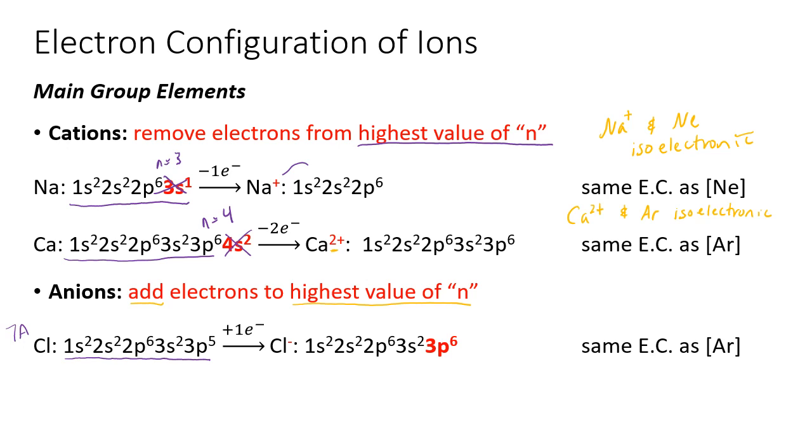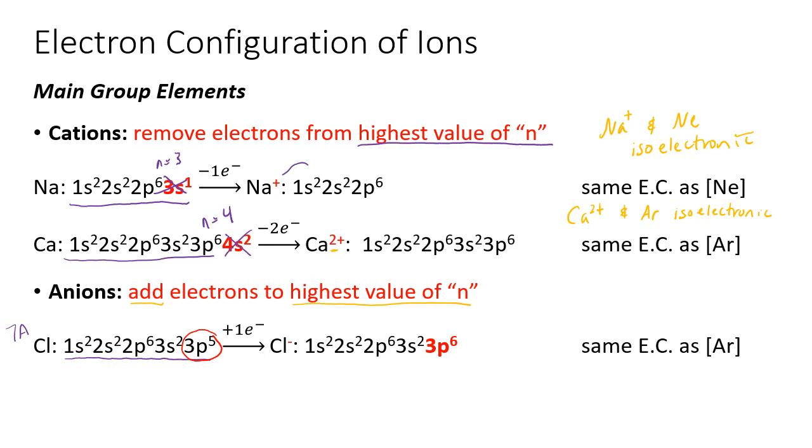Well, why do they form a -1 charge? Why do they only like to gain 1 electron? Because in our highest shell, which is the 3p right here, there's only 5 electrons right now. And we know that any p subshell can have a max of 6 electrons. So they're trying to become stable by filling that p subshell completely.